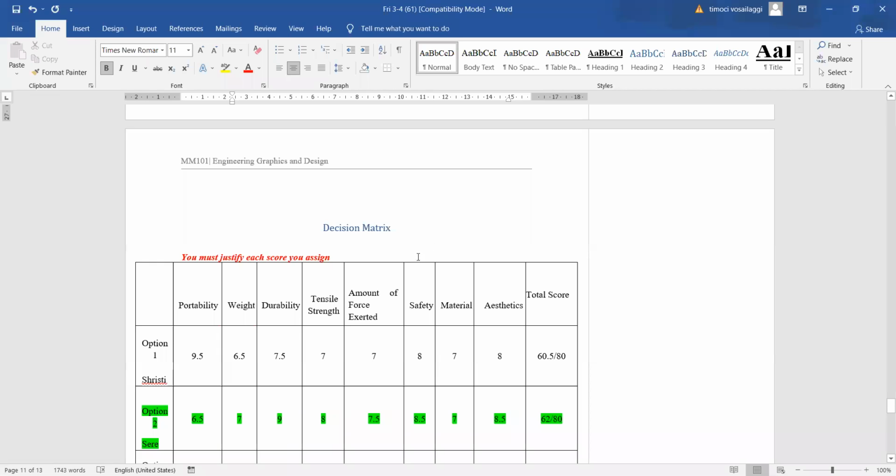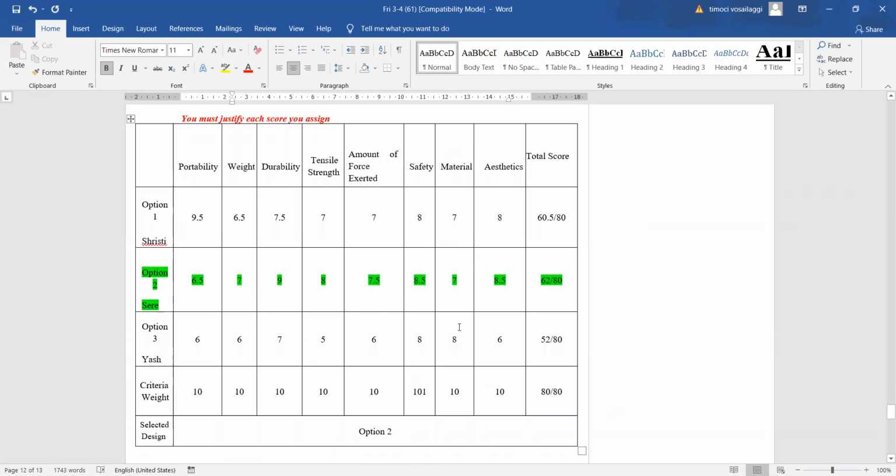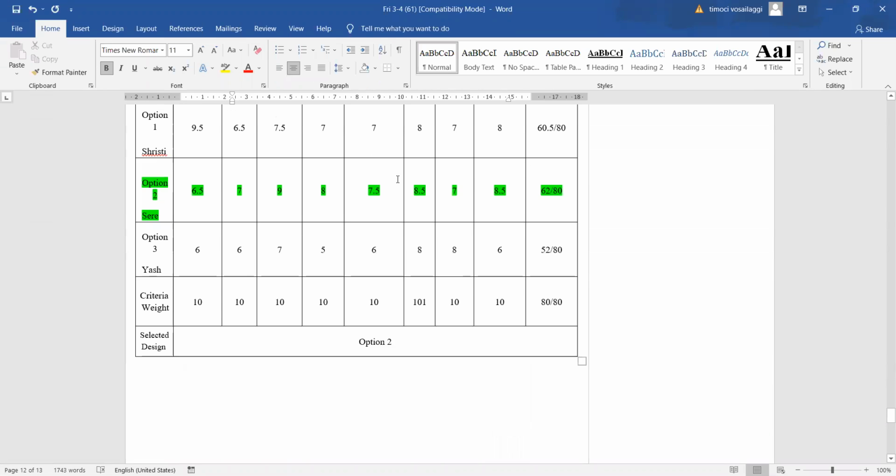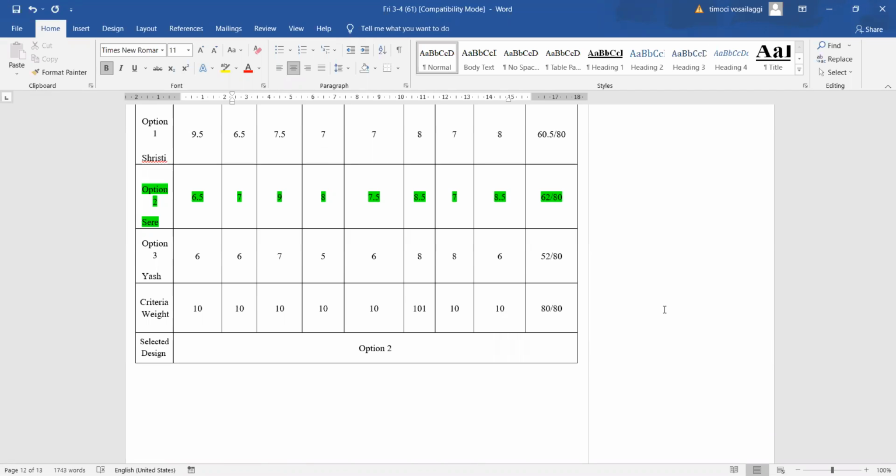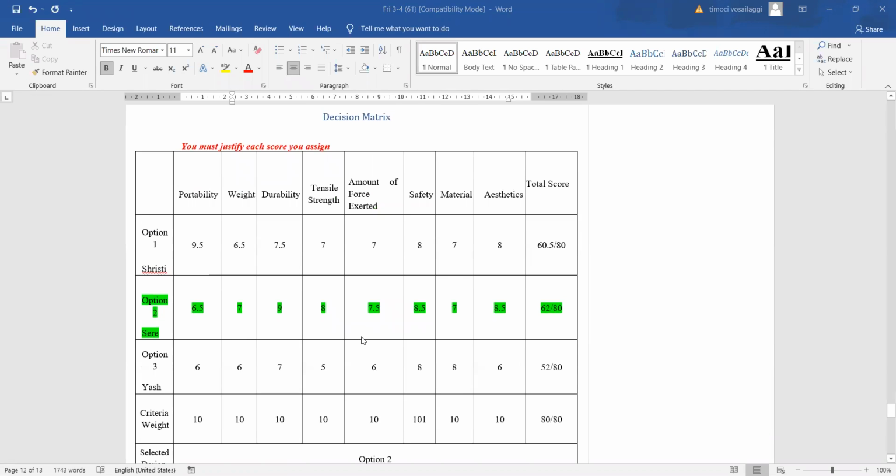And then you've gone into your decision matrix. Now your decision matrix has been done very well. I don't think you've done a weighted decision matrix. You've just done a decision matrix, which is fine. But I would like to see a degree of ranking the criteria in importance. Oh, criteria weight, is that done? So they're all equally important.